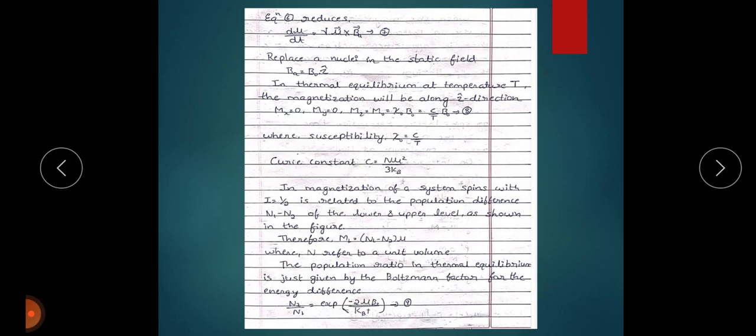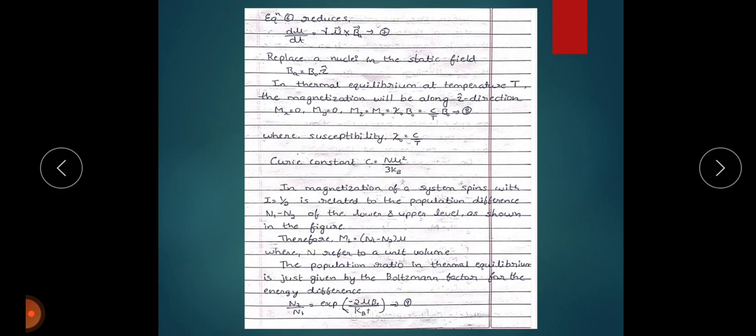The magnetization along the X and Y directions is 0, because the magnetization is along the Z coordinate.